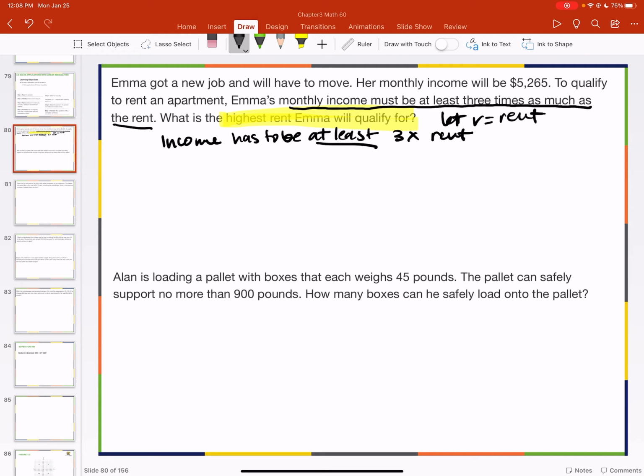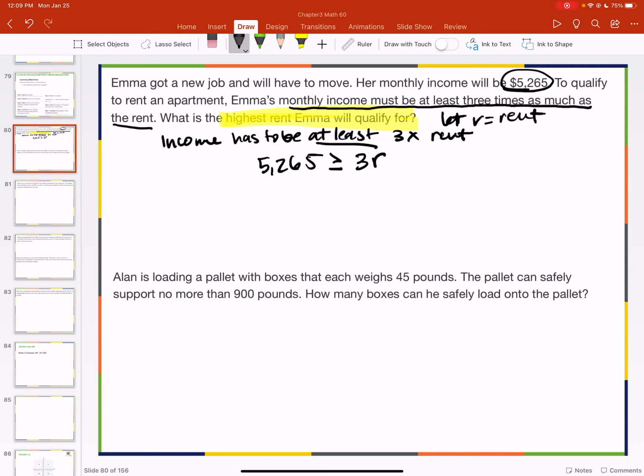The monthly income is kind of like the maximum, right? It can't be any more. We have a fixed income, her monthly income is $5,265. So 3 times the rent has to be at most that much. So it has to be less than or equal to $5,265.